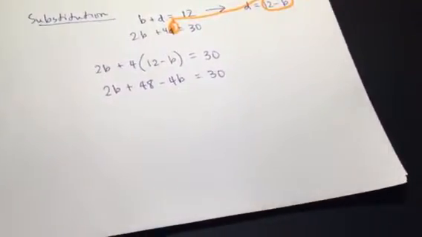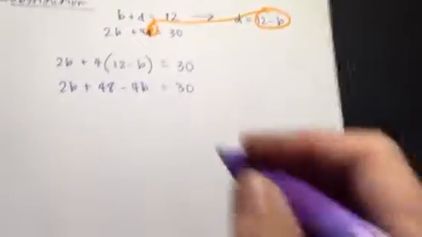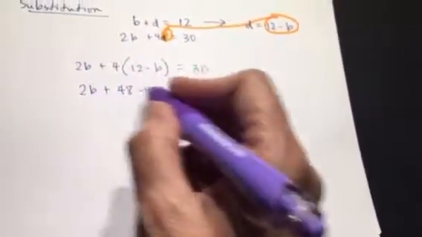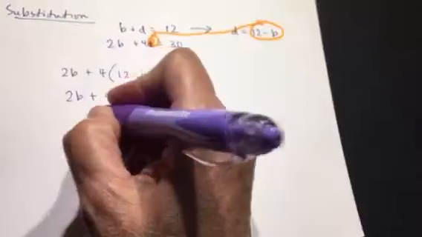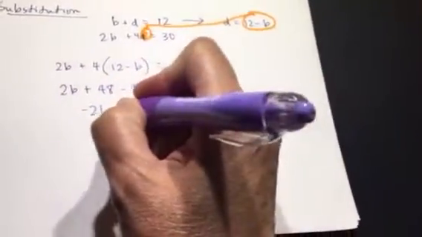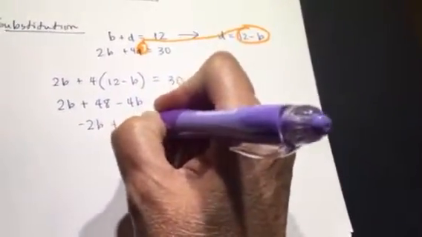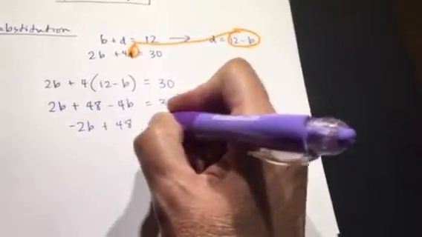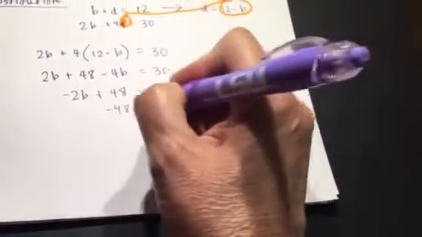2b minus 4b, that's negative 2b. 2b minus 4b, be careful about that. That sounds kind of silly there, tongue twister. Okay, negative 2b plus 48 equals 30. And then what? Subtract 48.